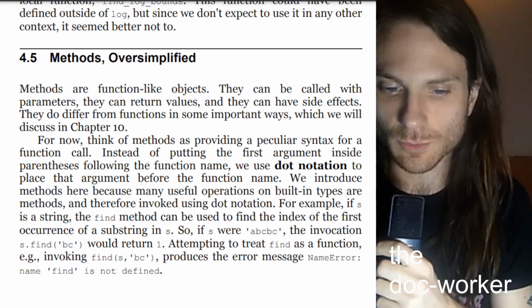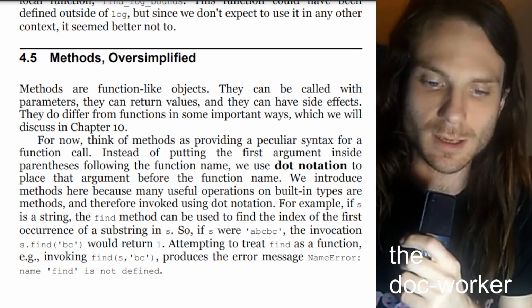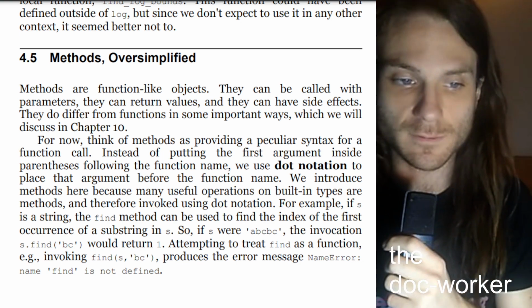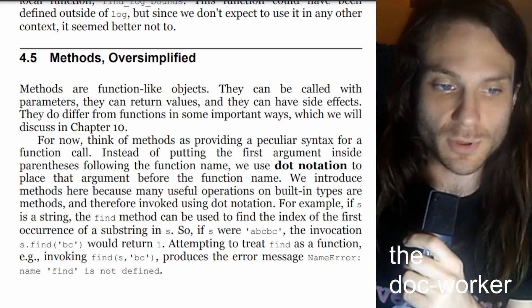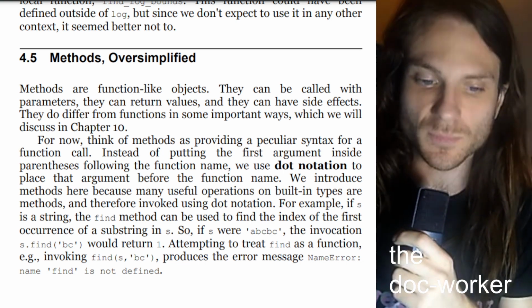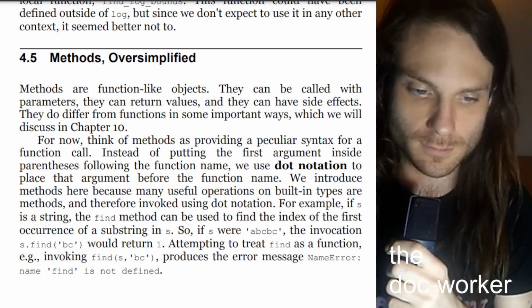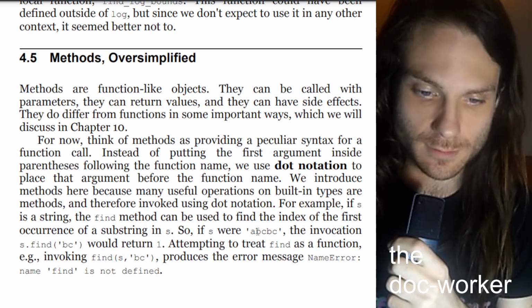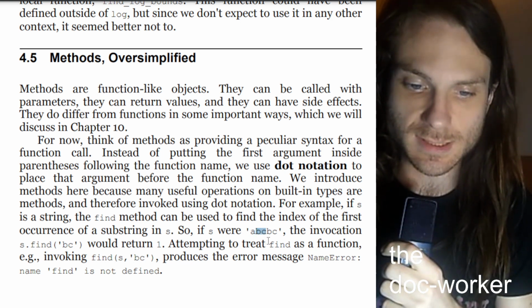So if s were, for instance, 'abcbc', the invocation s.find('bc') would return 1, because it is at index 1 that we find the first instance of this substring.